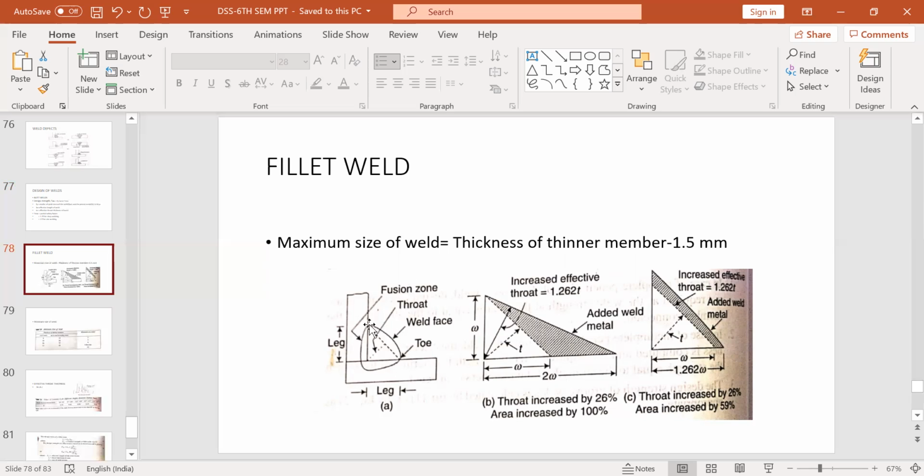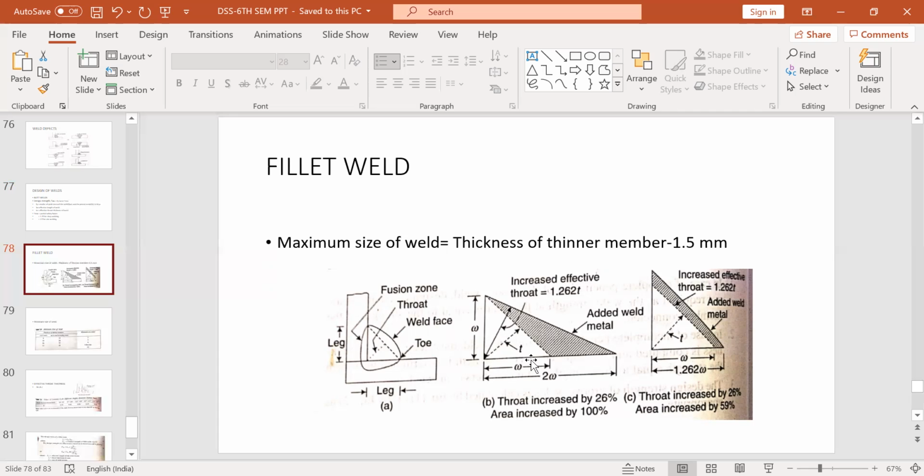Throat will be equal to K into S. That we'll understand in the subsequent discussion. Now this is an equal leg. Sometimes what we do is we increase one leg. Earlier it was omega, and now we have increased this to 2 omega.